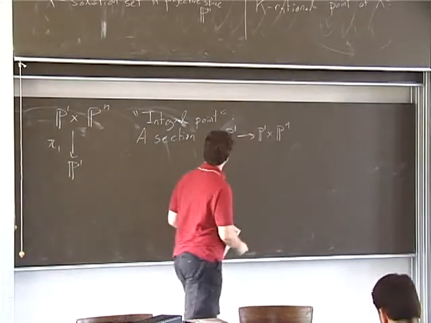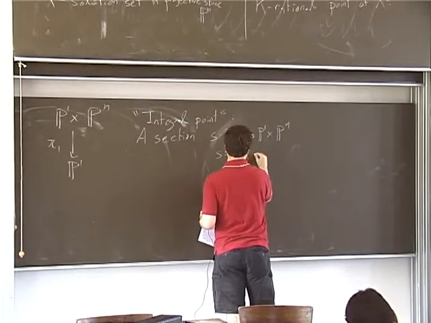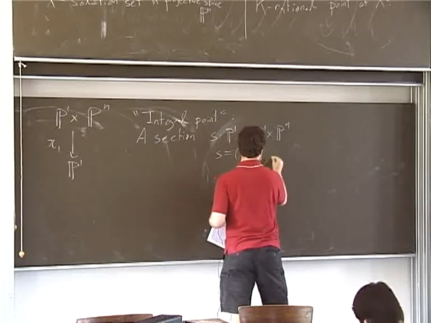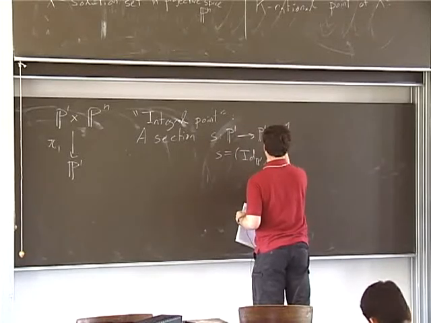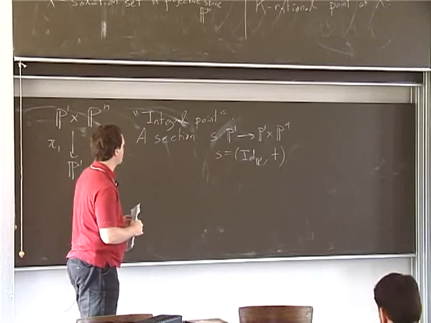So it's a morphism. I can say that this is the first factor, but then the first factor has to be the identity. And then the second factor, let me call that T. And so really it's the same thing as a map from P1 to Pn.